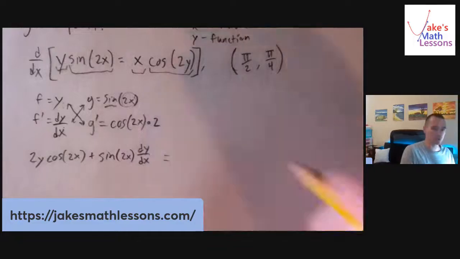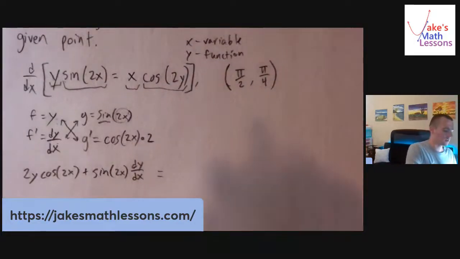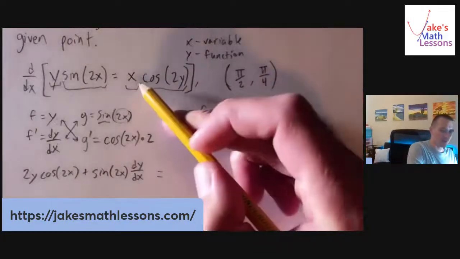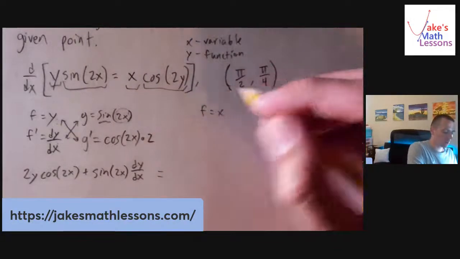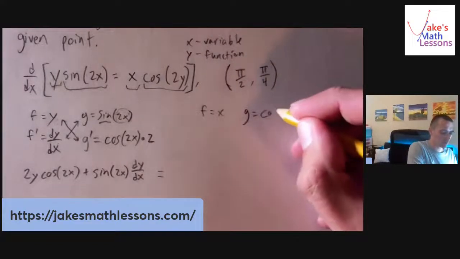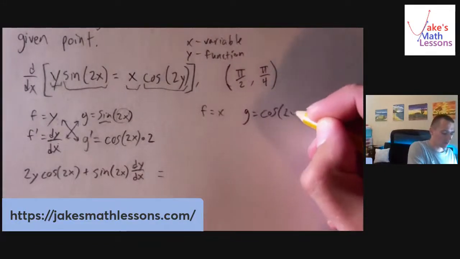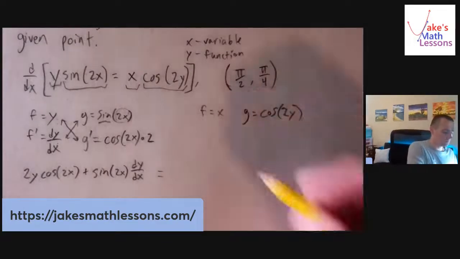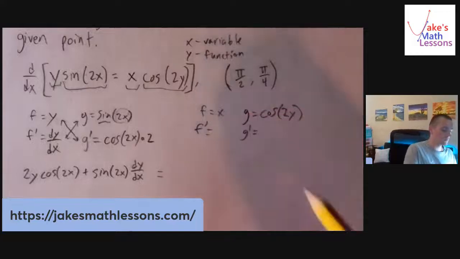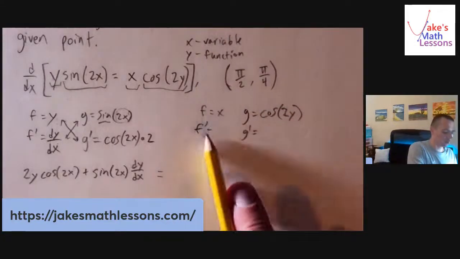So now on the right side of our equation, we are again going to have product rule. So we'll go ahead and just call f the x function here, and we'll call g the cosine of 2y. Then we need to find our f prime and our g prime. So the derivative of x is just going to be 1.